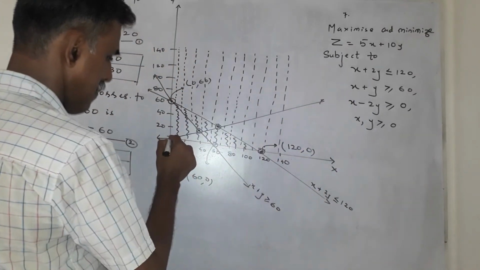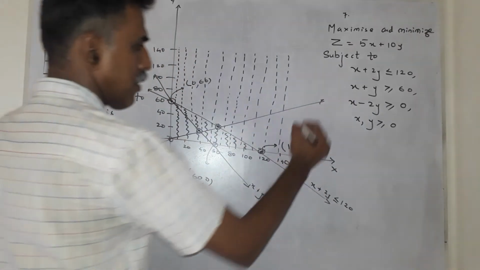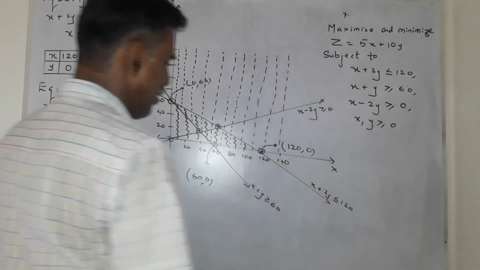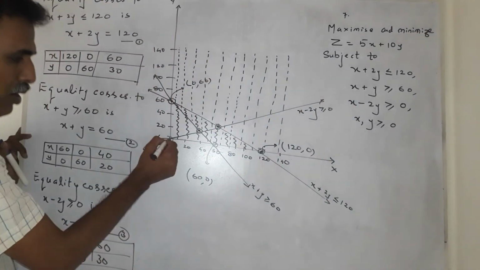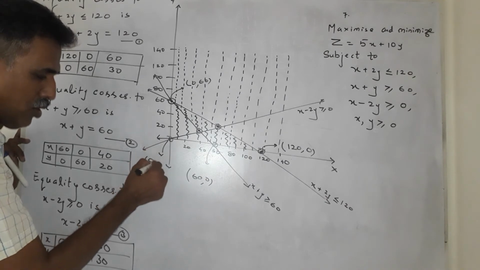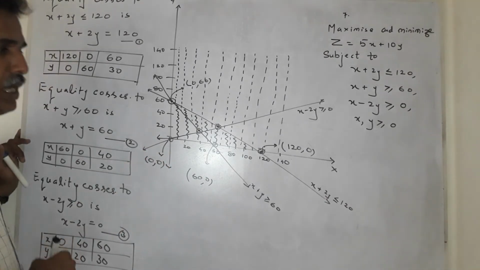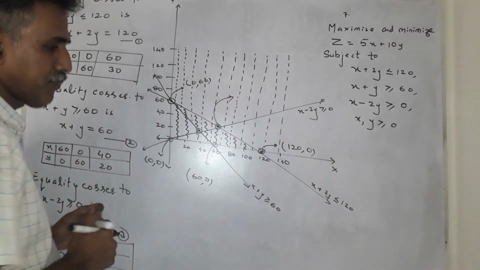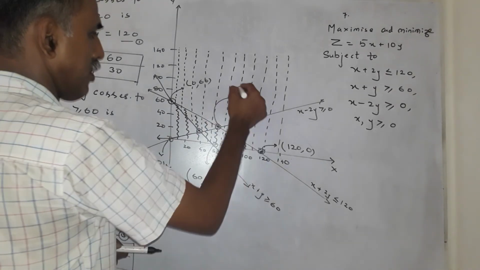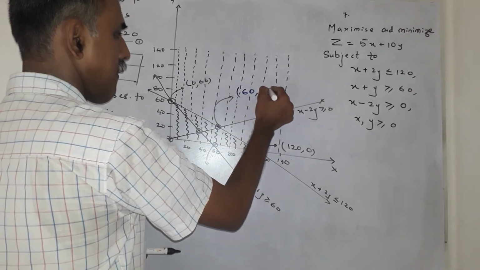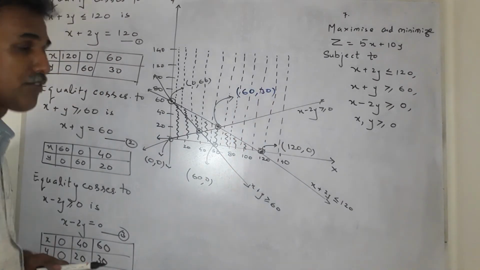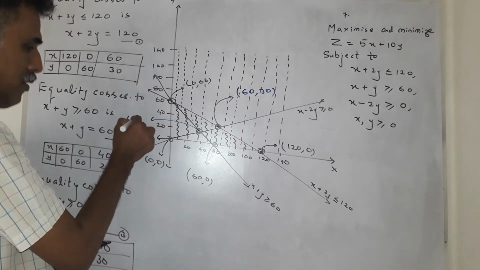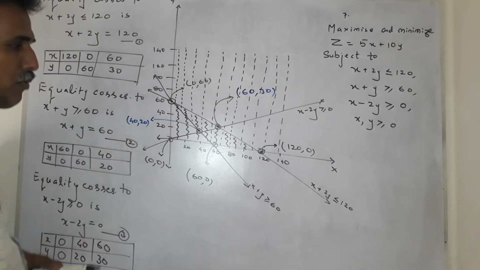This inequality x minus 2y greater than or equal to 0 passes through the origin, intersects the first line at the point 60, 30, and intersects the second line at the point 40, 20.